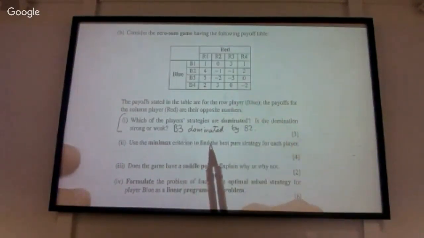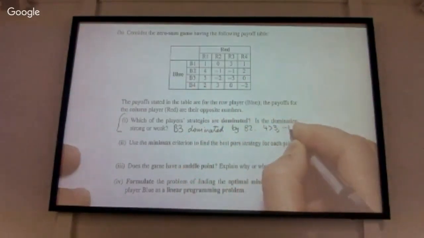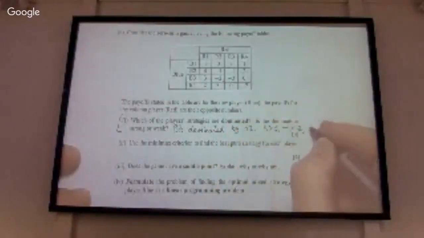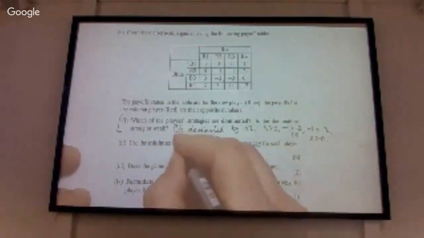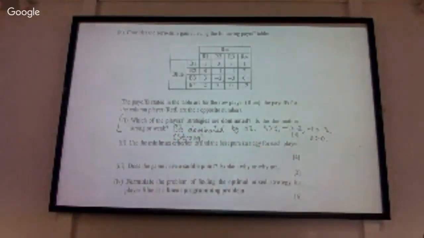That is probably right, because 4 is more than 3, minus 1 is more than minus 2, minus 1 is more than minus 3, and 2 is greater than 0. So it's what's called strong domination. Strongly means that they're all greater than. Weak means that some of them are equal rather than just greater than.